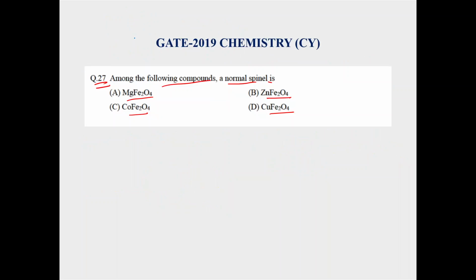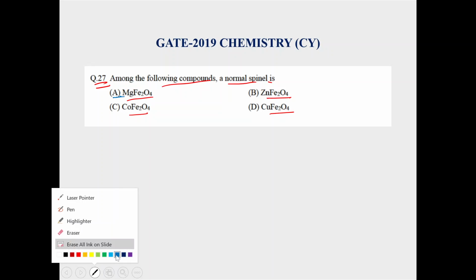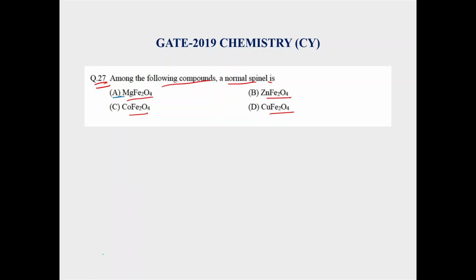Okay. So here we will start with complex A, which is MgFe2O4. One more thing I should say: for main group elements, that is non-transition elements, the crystal field stabilization energy is 0. In this case, we have one metal as magnesium and the other metal as iron.